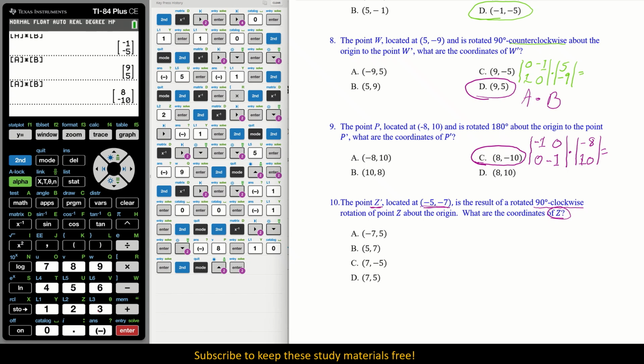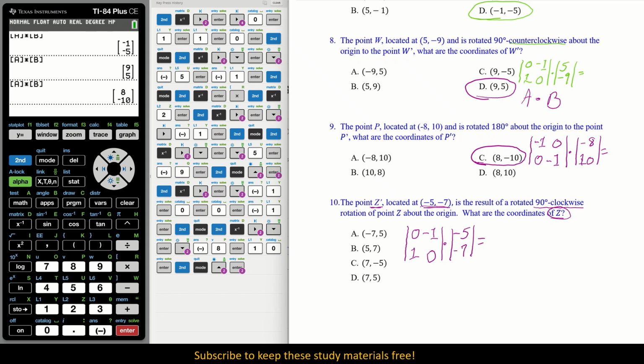Okay, that being said, I'm going counterclockwise. And counterclockwise rotation is 0, -1, 1, and 0. Then times my Z prime, which is -5, -7.